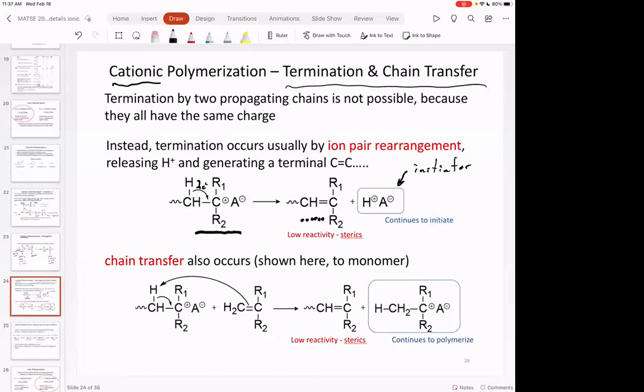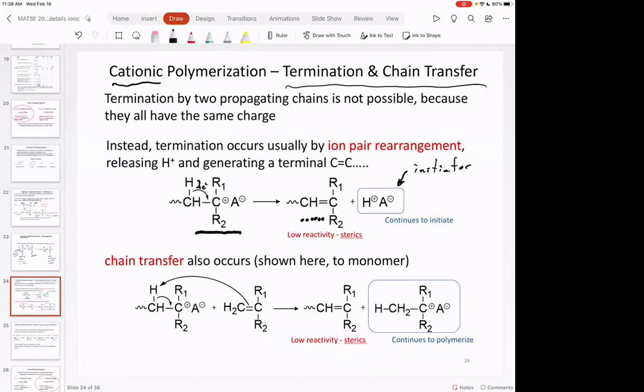And so that's a second order reaction because you have concentration of reactants multiplied together. What order of the reaction is this type of termination? First order. You just have one reactant and it terminates. And so it's first order for termination by cationic polymerization.